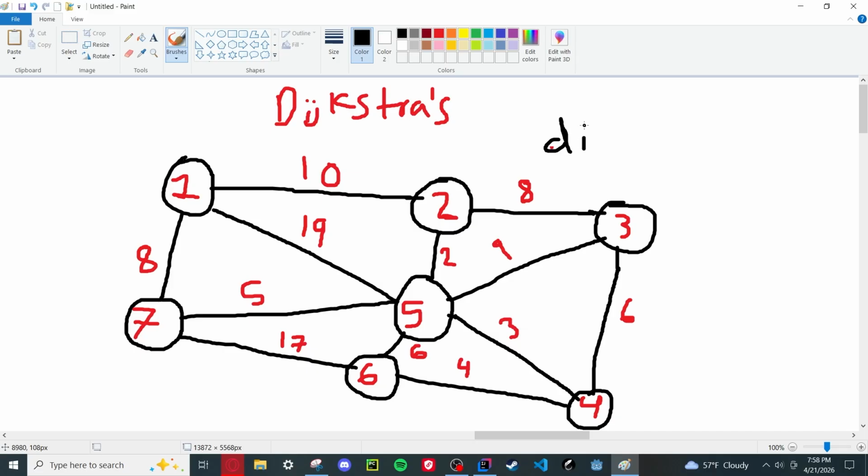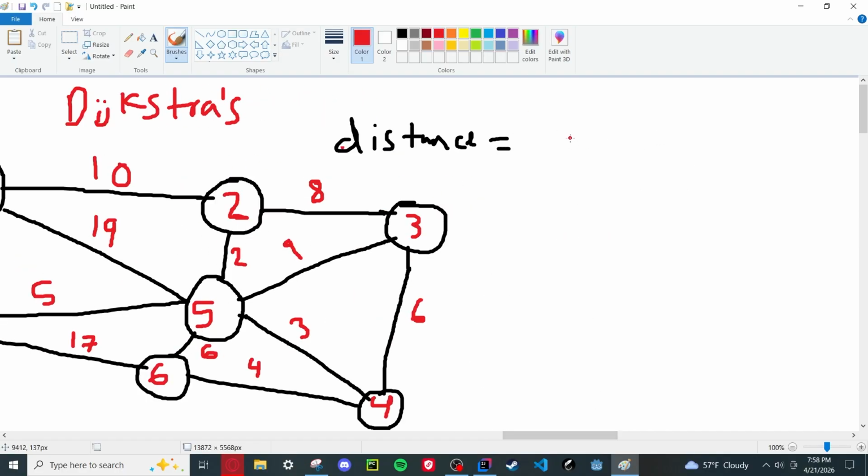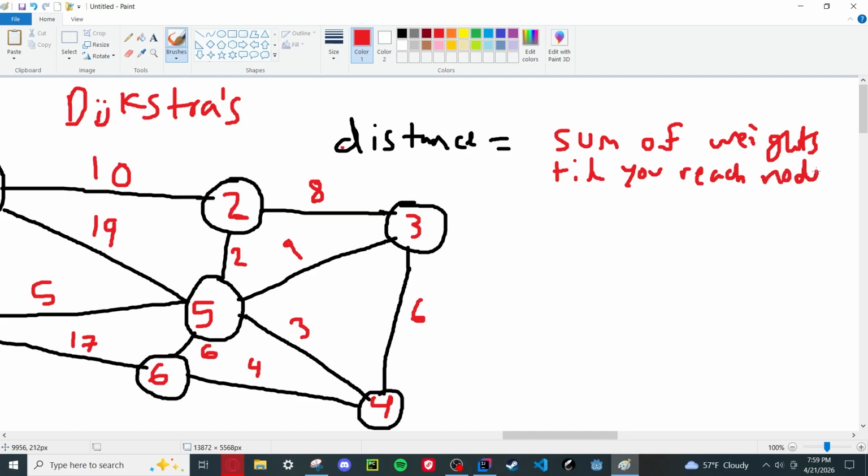Distance is the sum of the weights to reach that node. We call it node n, your desired node, or vertex v.